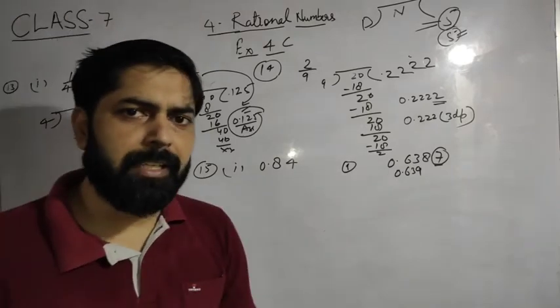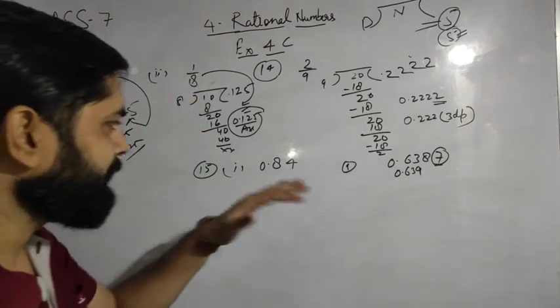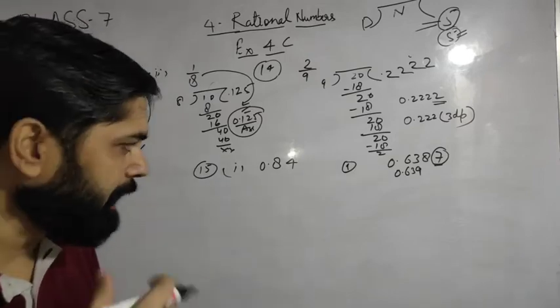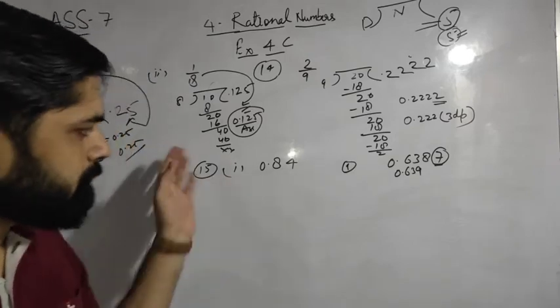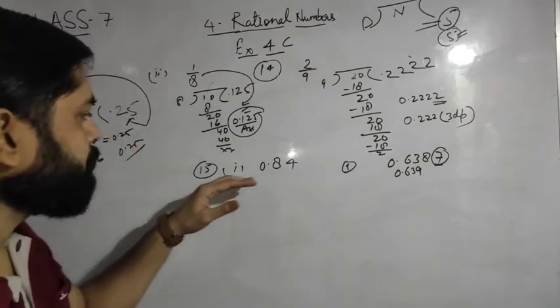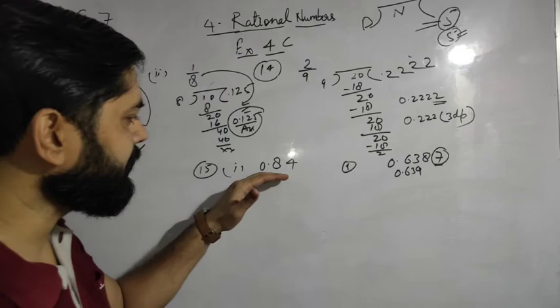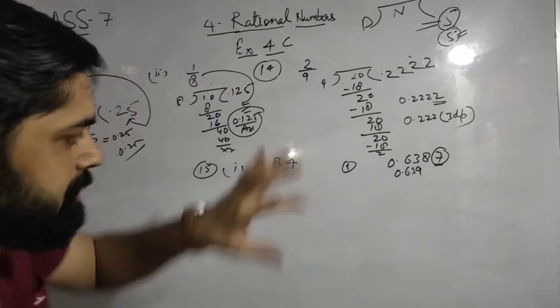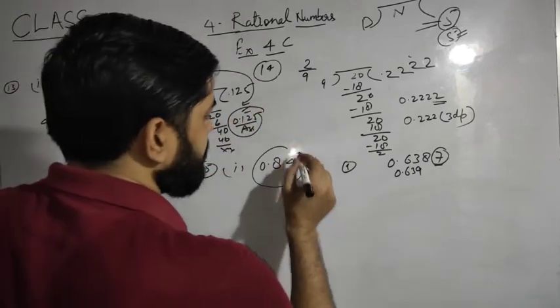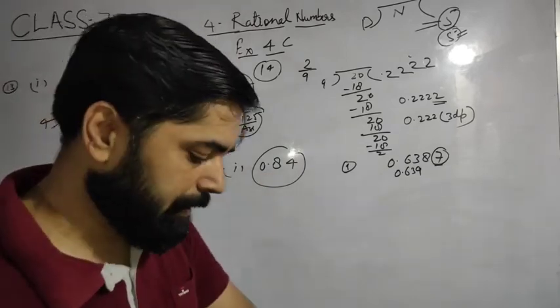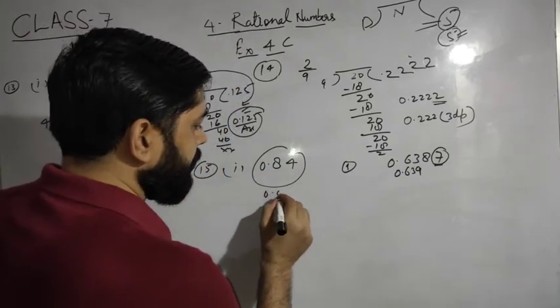So now question number 15. This is the last question of the exercise. Some questions are left, which we will explain in the next video. 0.84, write in the simplest form. So how can we write this question in the simplest form? Firstly we write the fraction form, and you know how we can write any decimal in fraction form, 0.84.